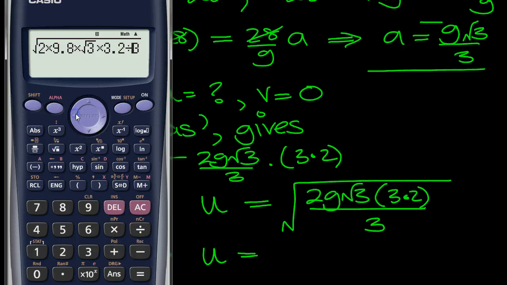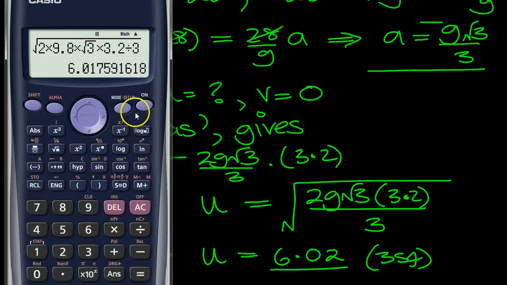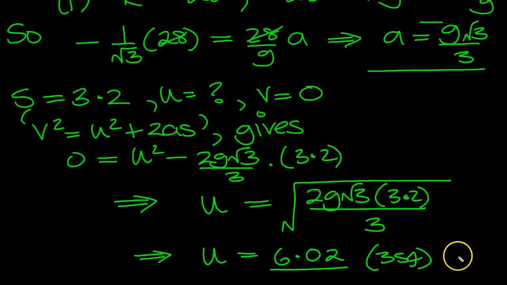So that's everything. Equals 6.0175, 6.02, isn't it? To 3 significant figures. Just double check that. 6.02 to 3 significant figures. And that would be meters per second.